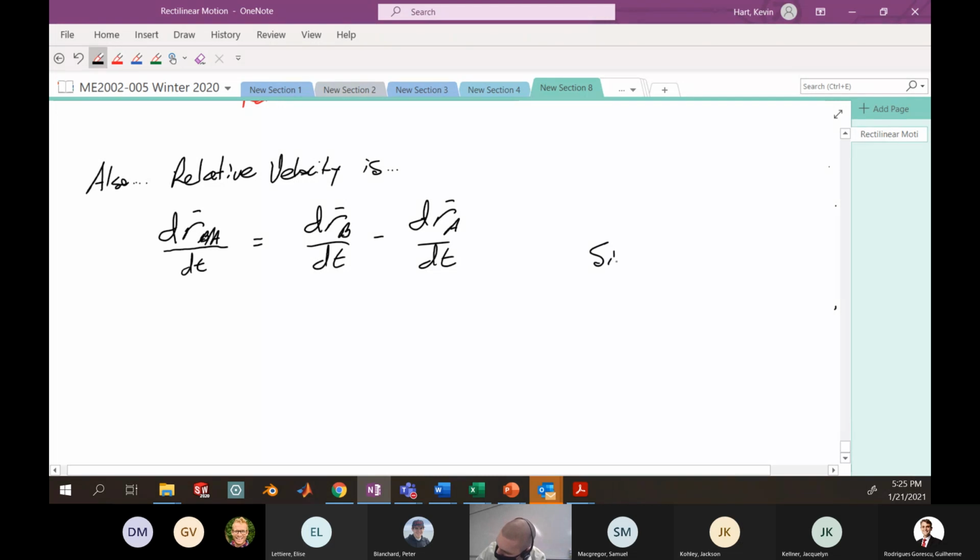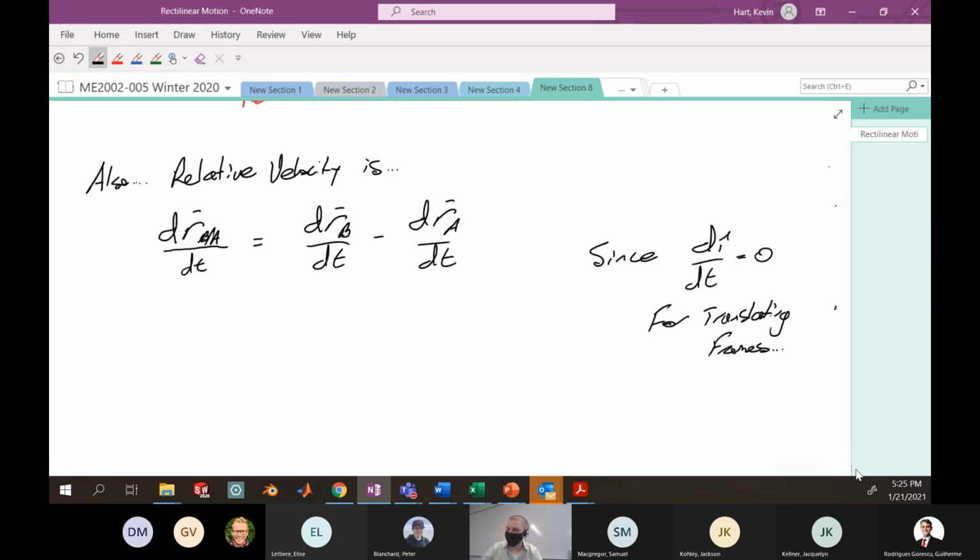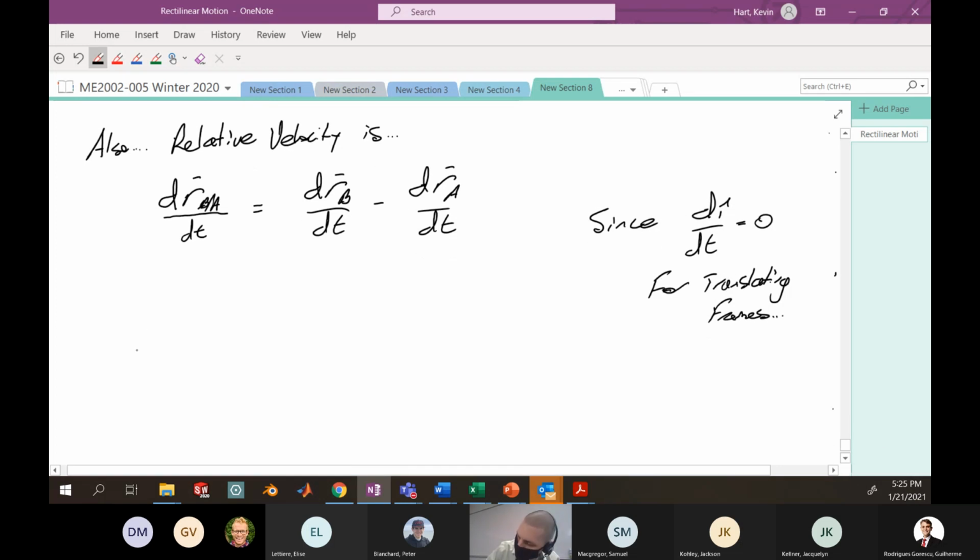So we'll say since d(i hat)/dt equals 0 for a translating frame, we can proceed with the traditional description of the velocity, which is that the velocity of B relative to A is the velocity of B minus the velocity of A.